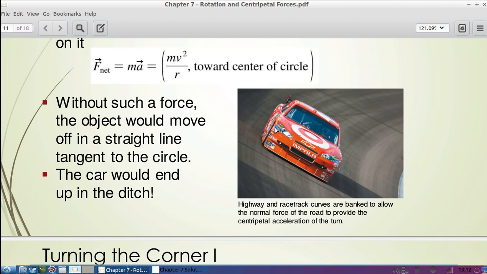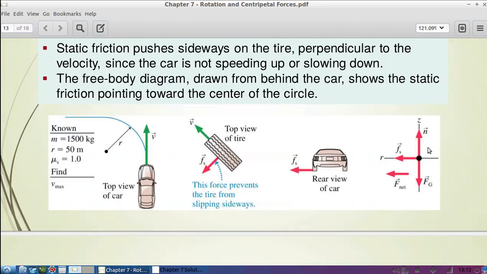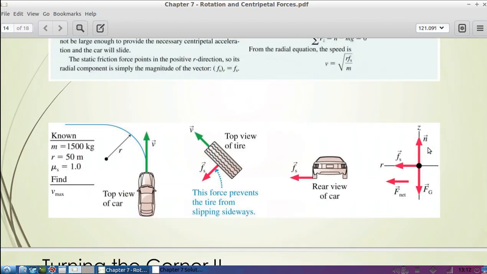They're much slicker for purposes of traction, actually slowing the cars down. If you ever see a NASCAR car's tire, it's a lot smoother, right? It doesn't have tread like ours. So they have to rely on their normal force to keep them on the path and keep them from sliding up the track and running into the wall, right? So they have very slick tires, but it's the normal force that's keeping them on that path.